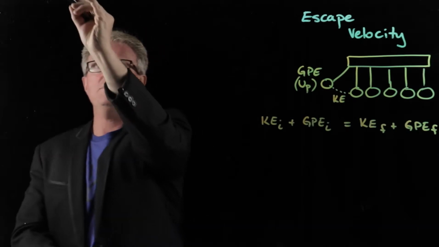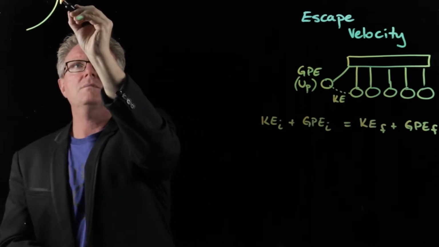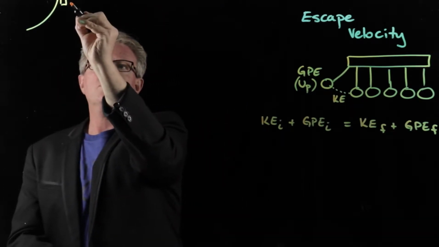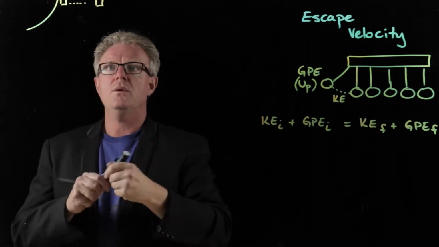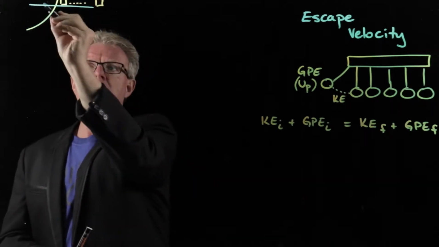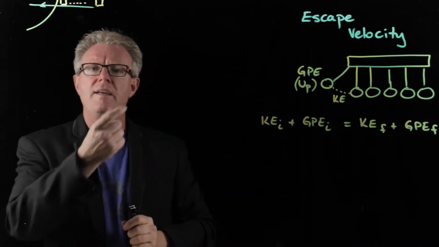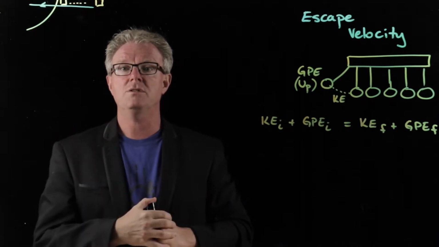So if we have a body here, let's say that's Earth, and we have an object, it can be a box, it can be you, it can be anything. As you move that box further and further away from that central body, you have, of course, the pull of gravity acting over that distance, and that creates an energy value, gravitational potential energy.